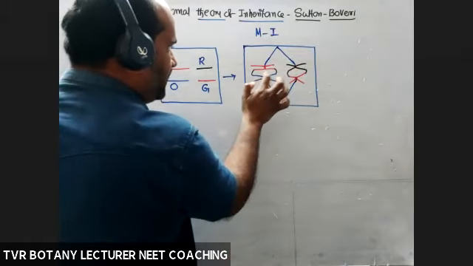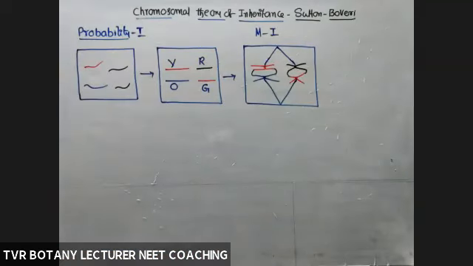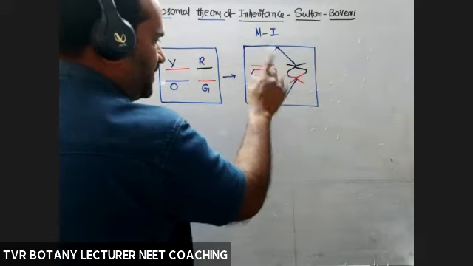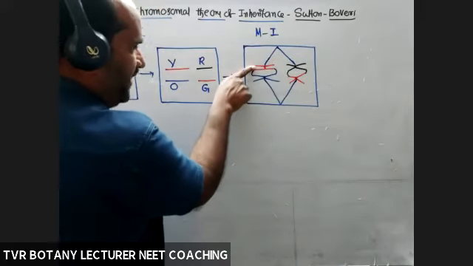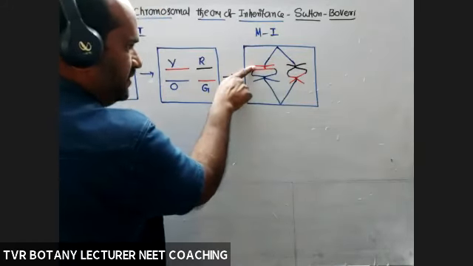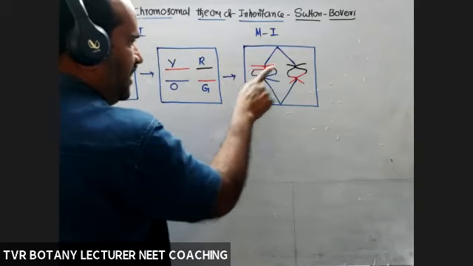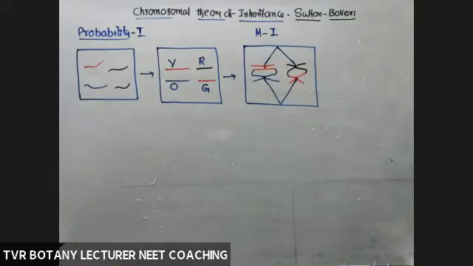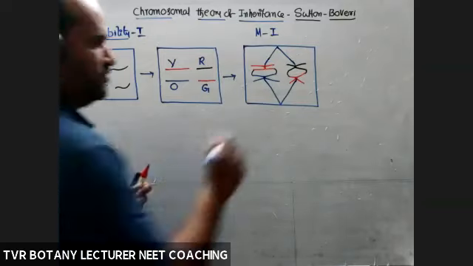The kinetochore part of the centromere is free. Okay, so the purpose of this spindle apparatus is to separate the yellow chromosome from the orange chromosome, and the red chromosome from the green chromosome. That is called disjunction or segregation of homologous chromosomes.